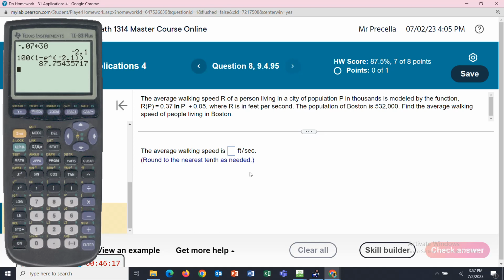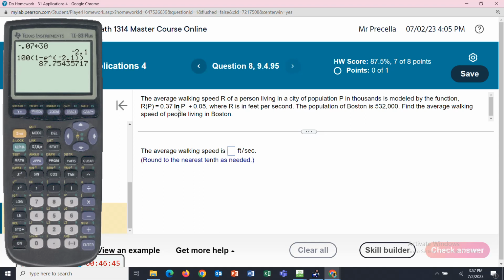Question 8. The average walking speed of a person living in a city of population P in thousands is modeled by the function R of P equals 0.37 ln P plus 0.05.